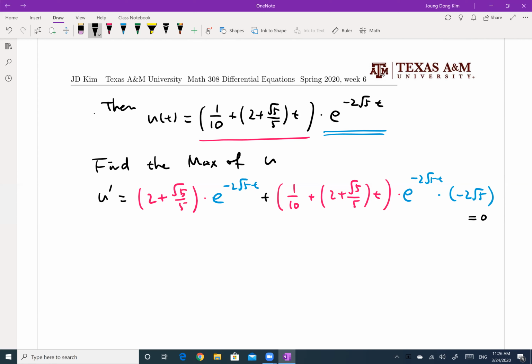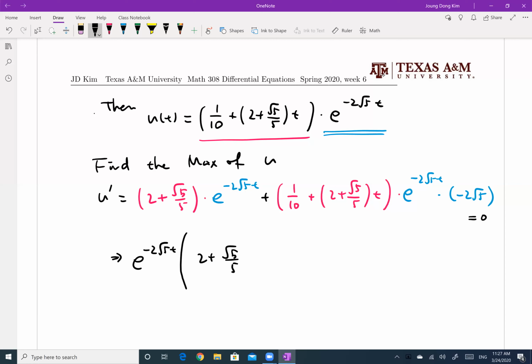Okay, and to solve this problem, let me take out a common factor, but not all of them, the exponential function first. Then this can be written as e to the minus 2√5 t, and big parentheses we need, and 2 plus √5 over 5, and plus and minus. Actually we have to multiply negative 2√5, like for like in here, right?